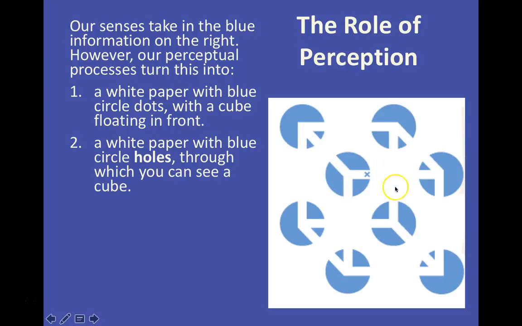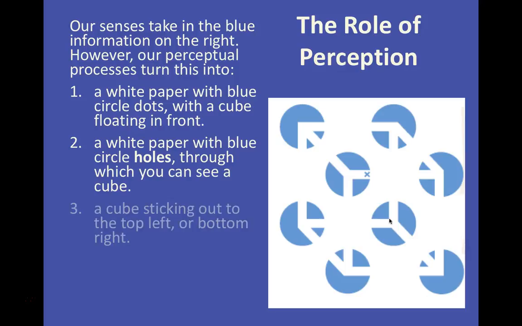So the cube can either be seen as floating in front or being inside of those holes. You can see a cube sticking out to the top left or bottom right. So you could see it sticking out here, you could see it sticking out from here.